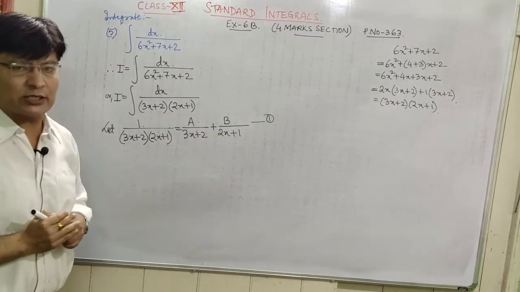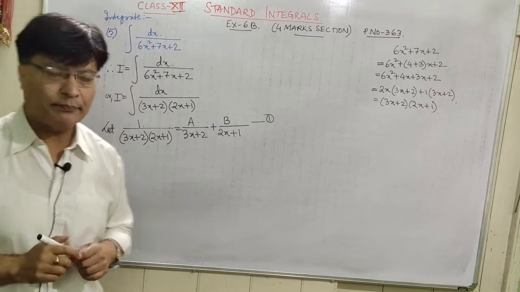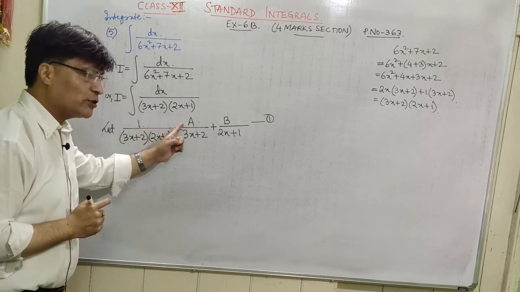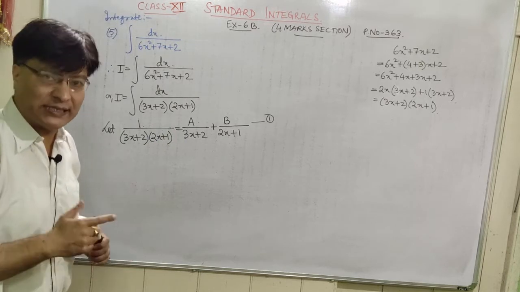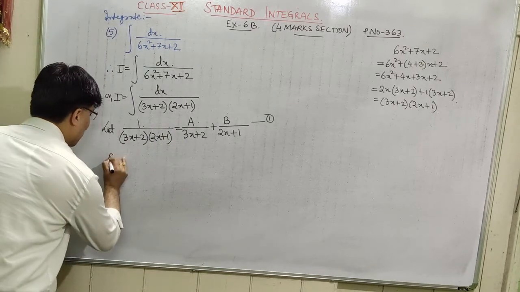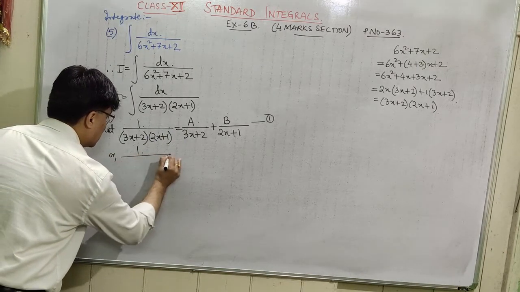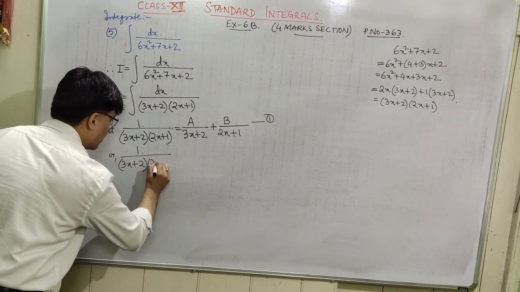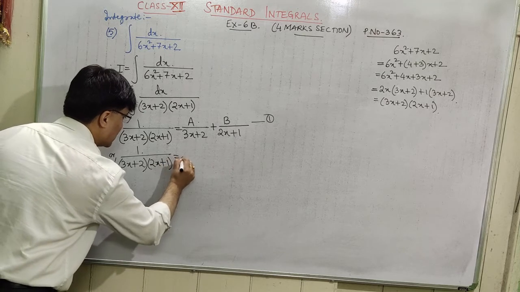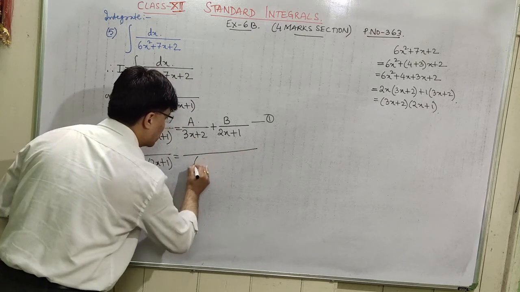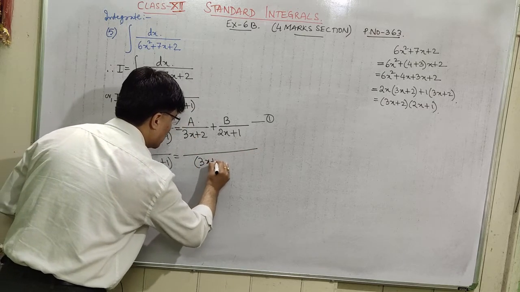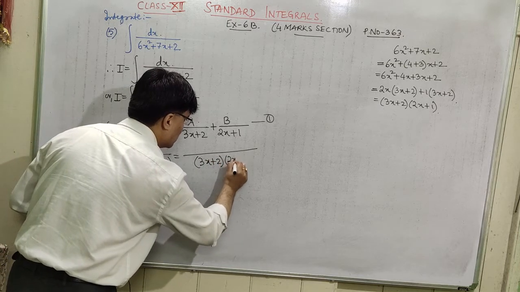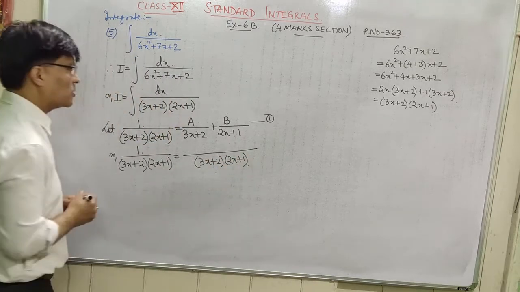Let us mark it as number 1. Okay, so let us get the values of these constants A and B by simplifying it. Left hand side keep it as it is. 1 is equal to, what's the LCM out here? The LCM is 3x plus 2 into 2x plus 1.